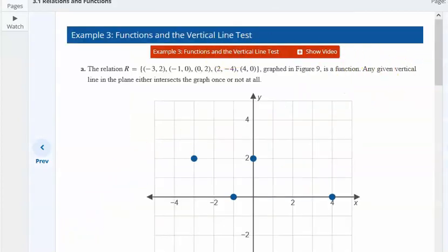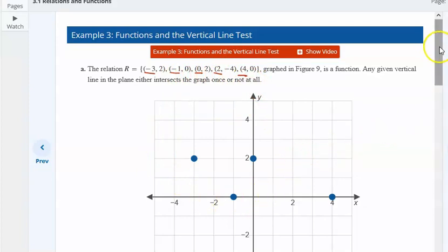Now in example 3, we're looking at this graph. If we plot these points, and notice you can actually tell whether something's a function if you look at the x elements. There's a -3, -1, 0, -2, -4. Are any of these values repeated? And the answer is no. So this is a function.